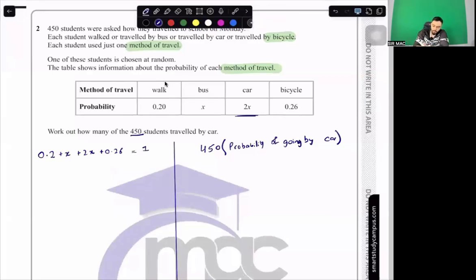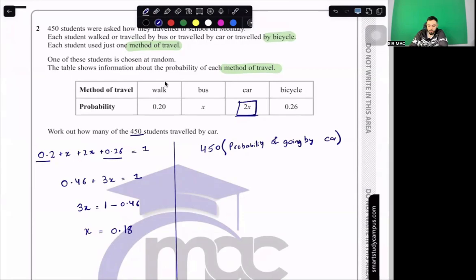So my equation would go like this: 0.2 plus 0.26 would be 0.46, plus 3x is equal to 1. So 3x is equal to 1 take away 0.46, and then that divided by 3 would give you the value of x, which I'm getting as 0.18.